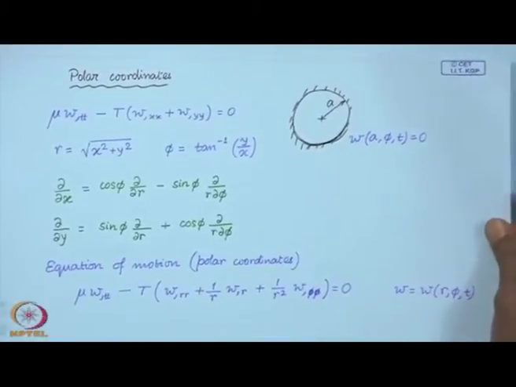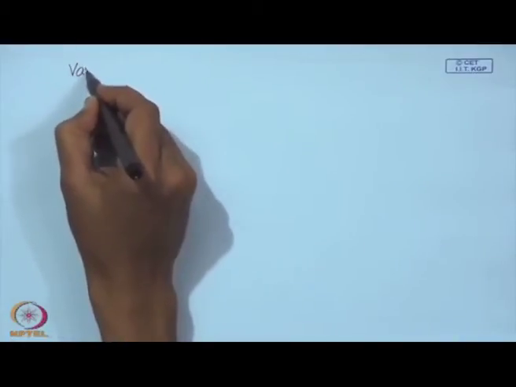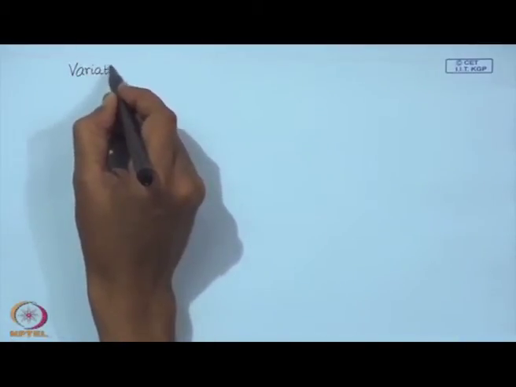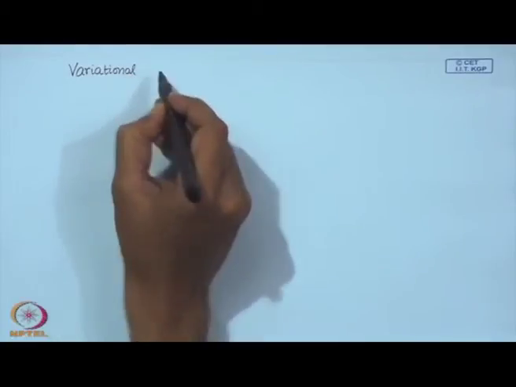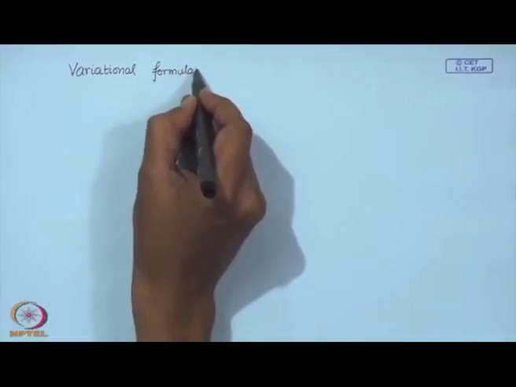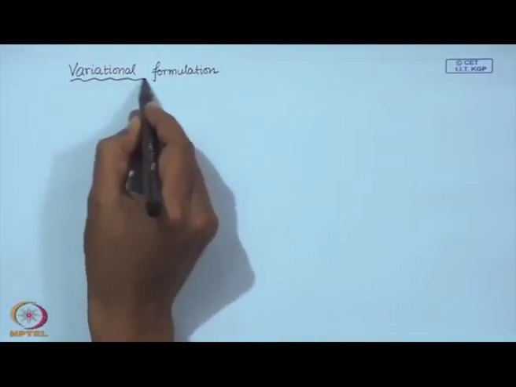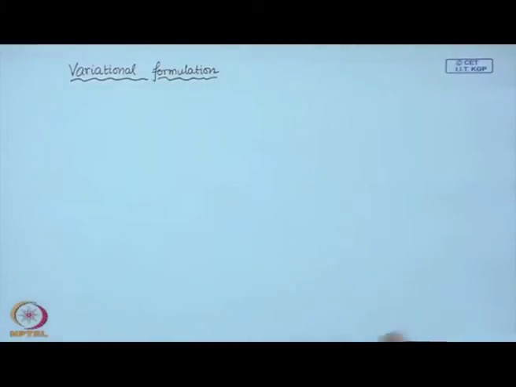So, right now we have discussed the Newtonian formulation. Let us also look at the variational formulation for the dynamics of membranes. Once again, to motivate, the variational formulation is quite powerful.